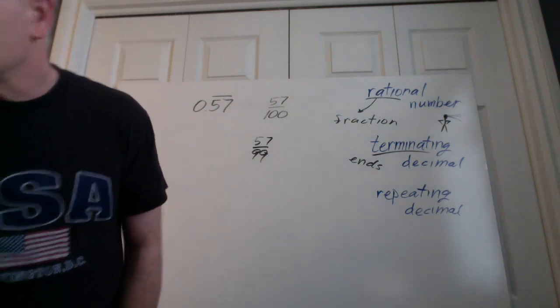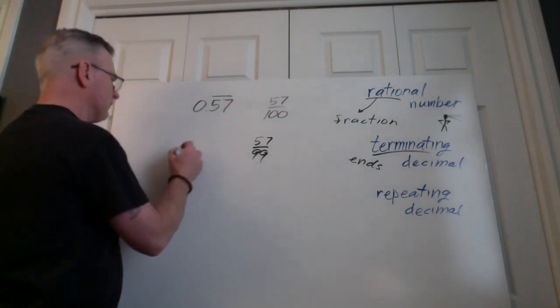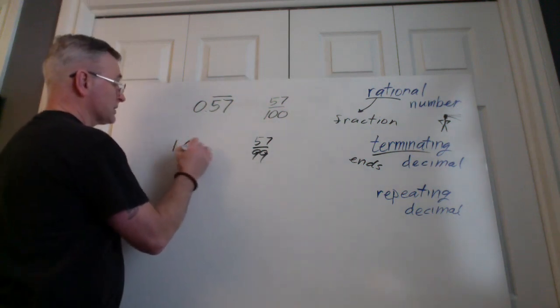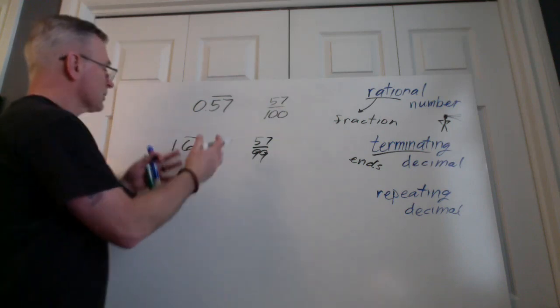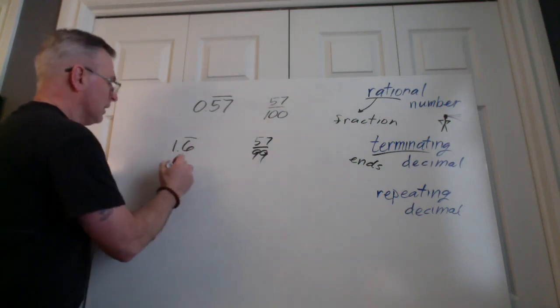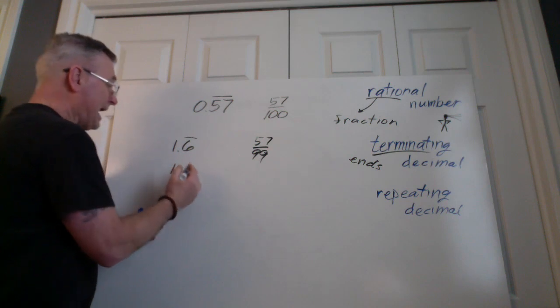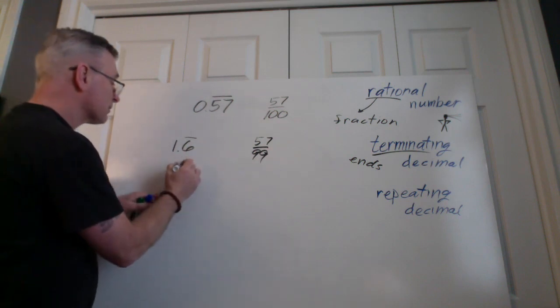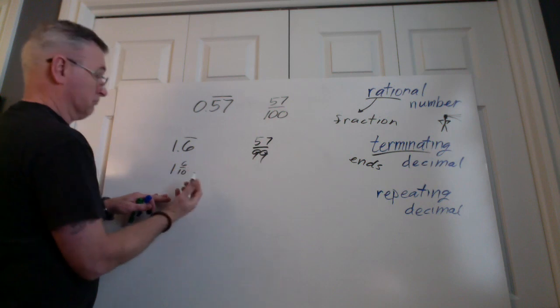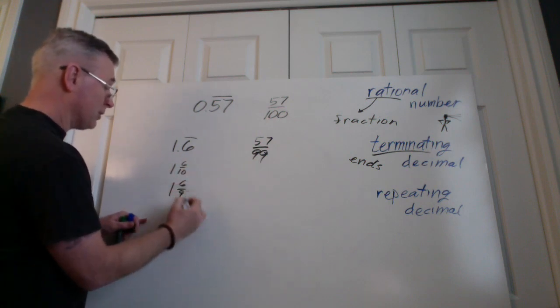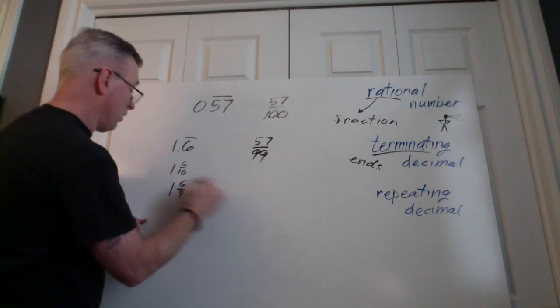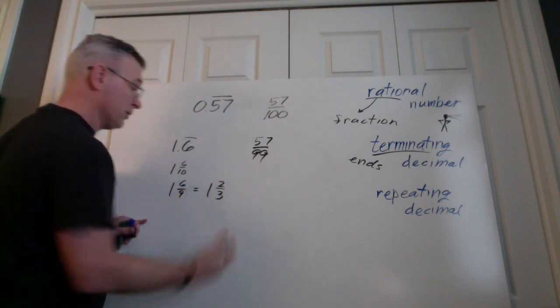So here's another example. If I had 1.6 repeating, what would I do with 1.6 repeating? Well, it's really 1 and something. So let's just put, what if it was 6/10? Well, it's not 6/10 though. So let's just take 1 from the bottom. So this is 1 and 2/3.